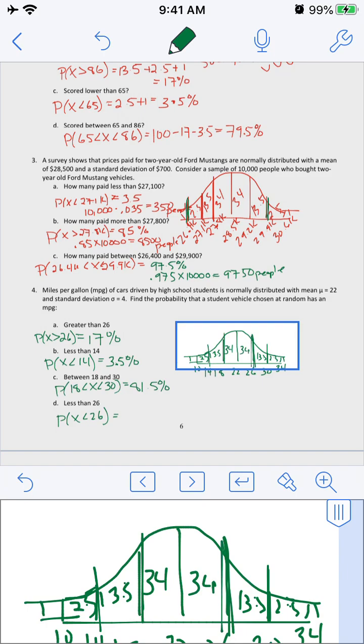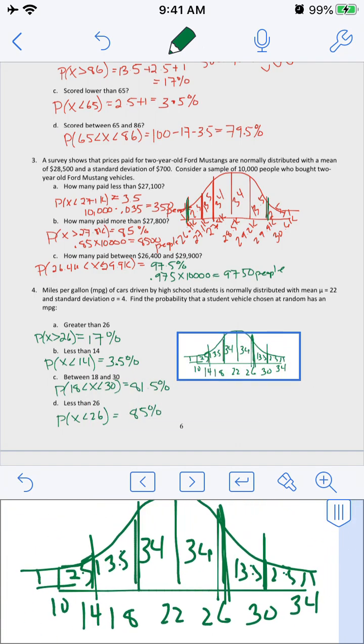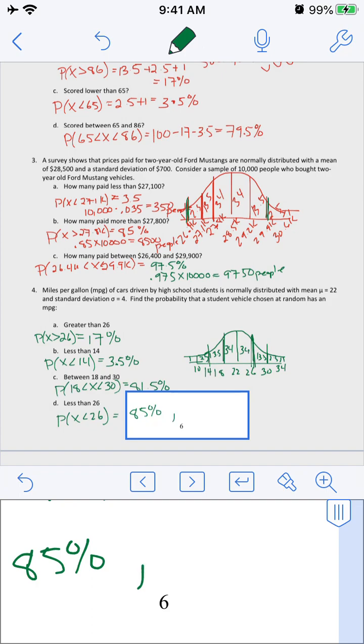It's kind of almost 50-50, but you could do the 34, 34, 13.5, 2.5, and 1, or you could add the other side, which was, we already have 17%. If you add the 34 plus 13.5 plus 2.5 plus 1, you get 85%. And if you go the other way, you would get 83%.